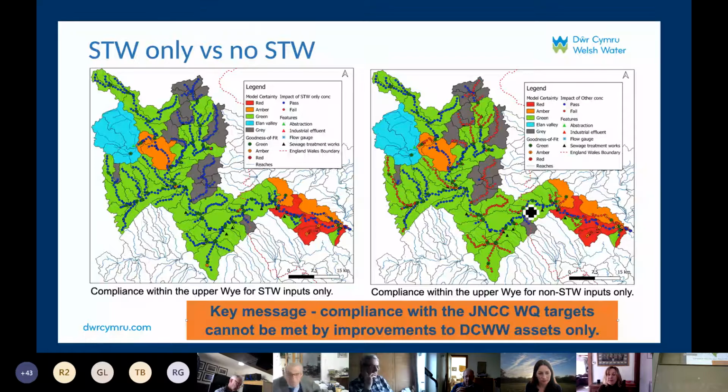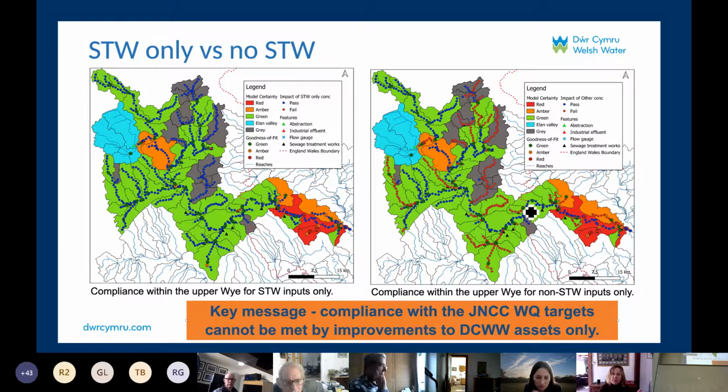And this slide helps to explain why, I hope. It's actually a slide produced by Welsh Water. And I'm not clear whether it includes sewage outfalls, but it gives you an indication of what the problem is. The slide on the left-hand side shows where the pollution is coming from in the catchment if you only look at sewage treatment plants.